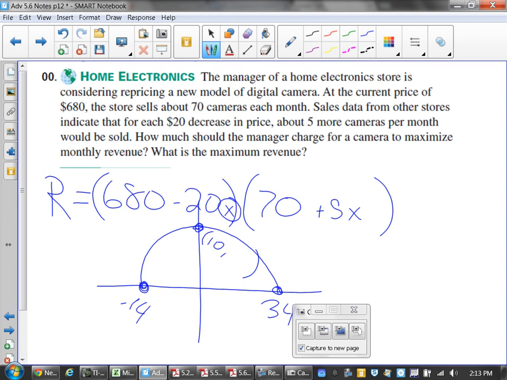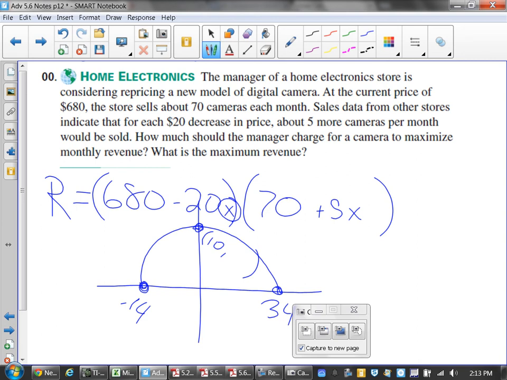So I'm selling cameras for $480. When you sell cameras for $480, you're going to have 120 people buying them. When 120 people buy 480 cameras, you get some big number. That's what you're doing.